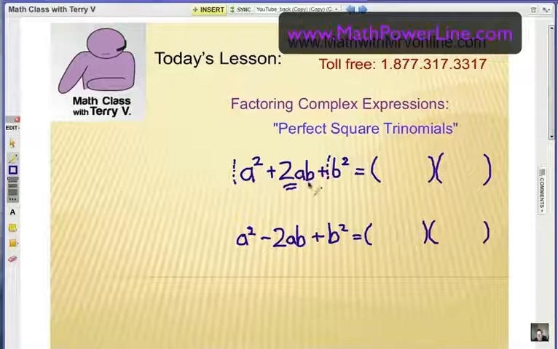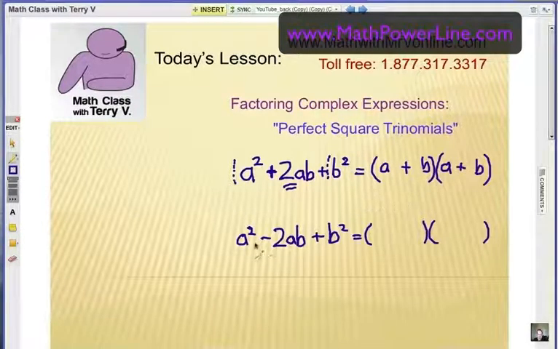Okay, I'm going to show you some examples, but basically it's factored like this. A and A, B and B, and then what we do is we match the middle term sign. So if this is a positive middle term, then both of these are going to be positive.